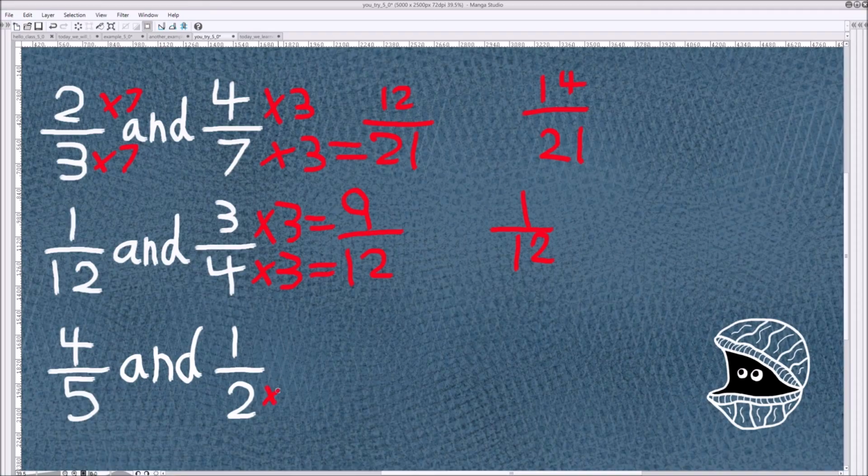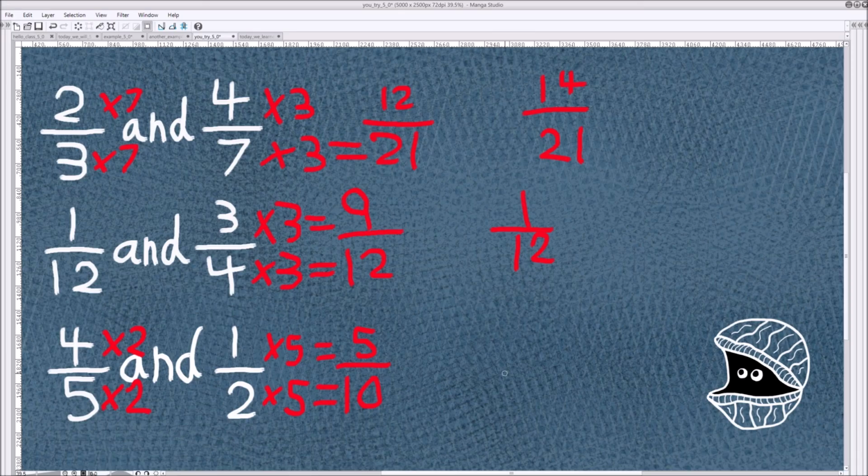Okay, last one, we have 4/5 and 1/2. And our lowest common denominator would be 10. And we would have got that by taking 5 times 2 right there, and 2 times 5 equals 10. We also need to multiply our top numbers, our numerator, by the same number. 1 times 5 equals 5, and then 4 times 2.